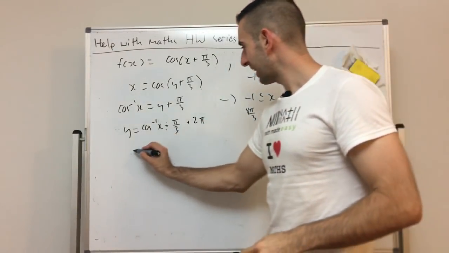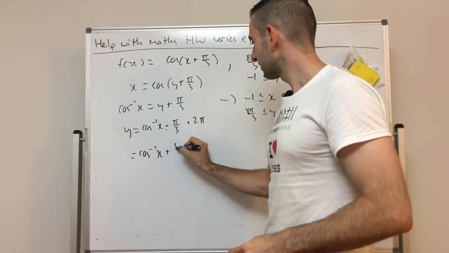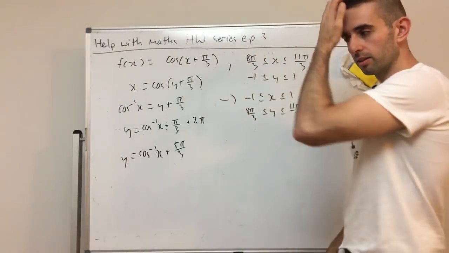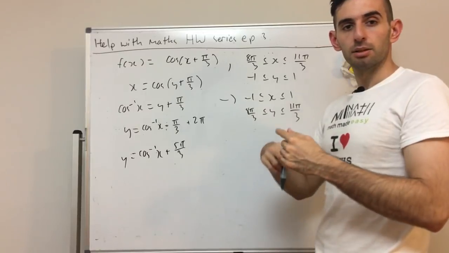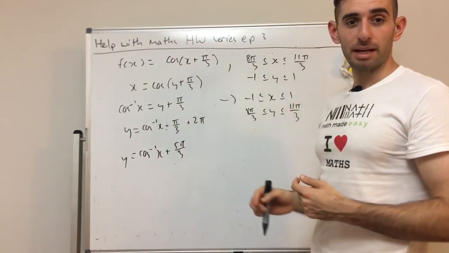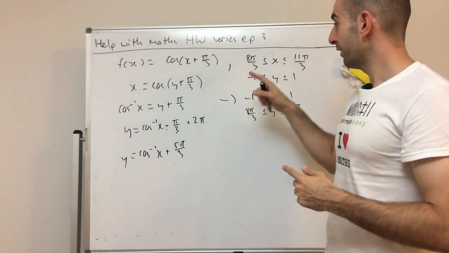Because if we add the 2 pi, this turns into plus 5 pi on 3. Then you sub negative 1 in, cos inverse negative 1 is pi, pi plus 5 pi on 3 is 8 pi on 3. Now it matches.